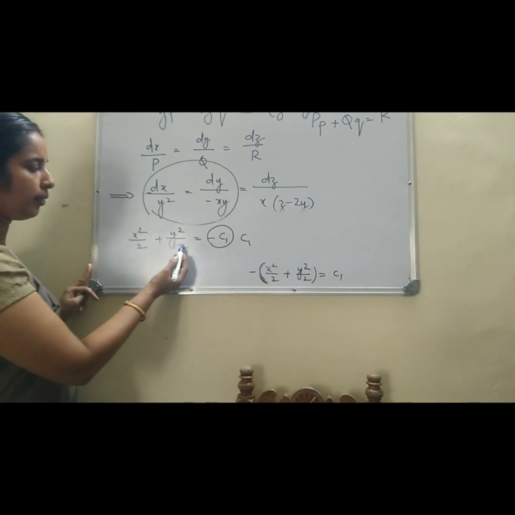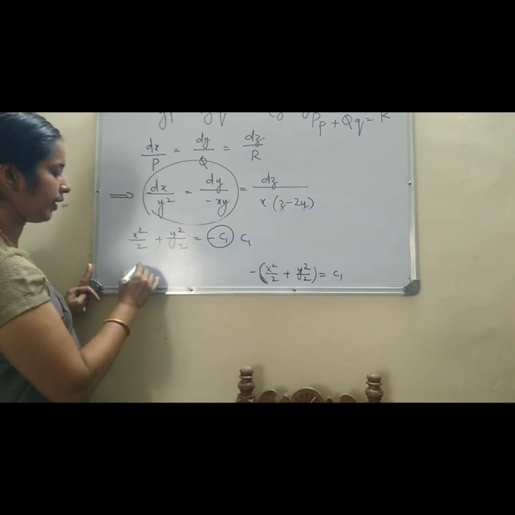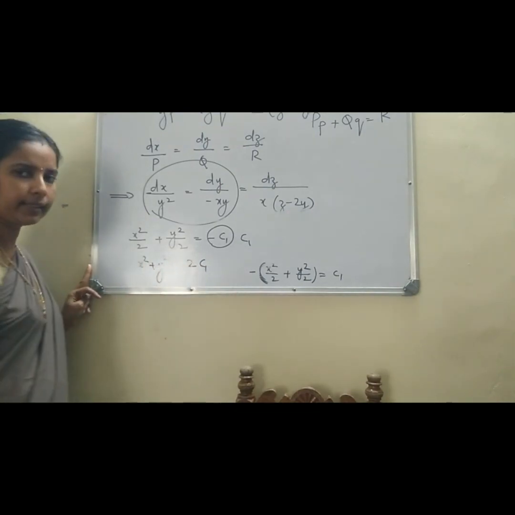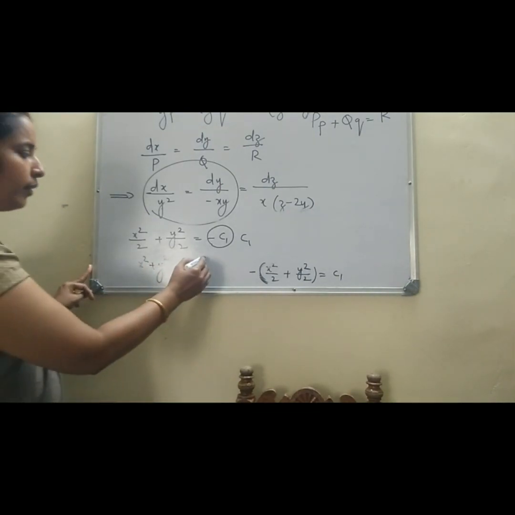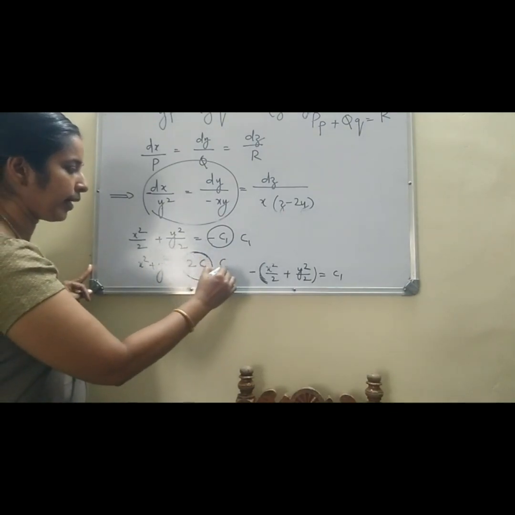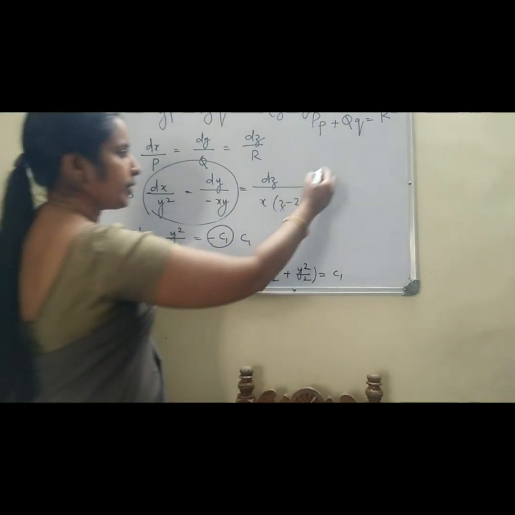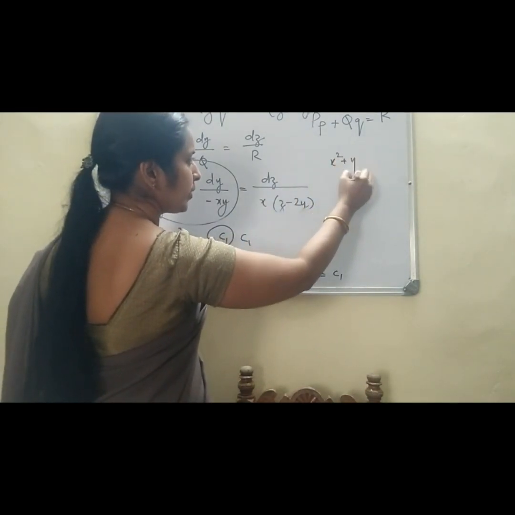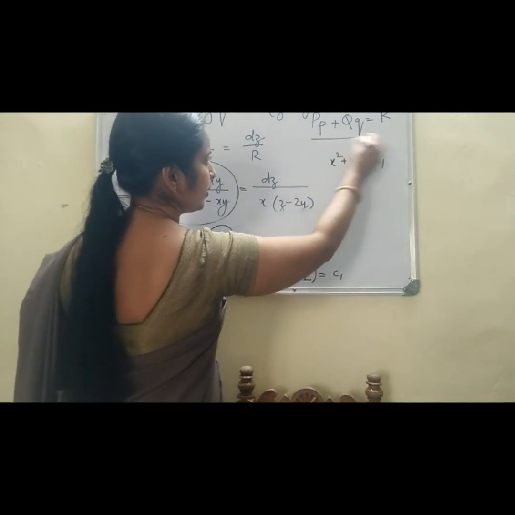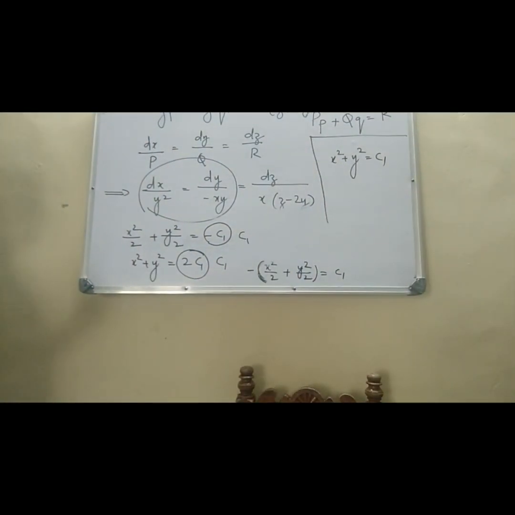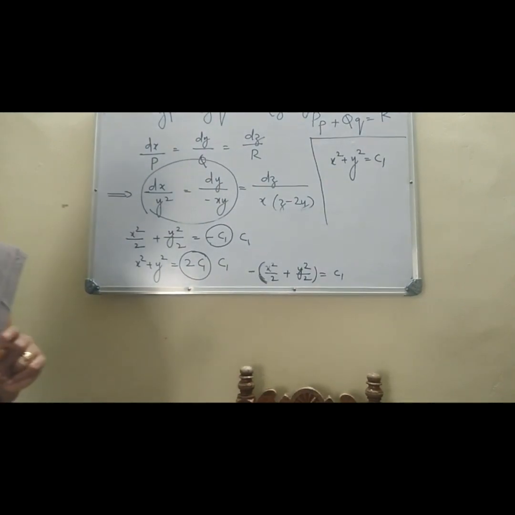Again, you take 2 to the right side, then x square plus y square equal to 2c1. Since c1 is arbitrary, you can take this 2c1 as c1. Okay. So our solution is x square plus y square is equal to c1. So we get one solution as u equal to c1. Similarly, you try to find one more solution.